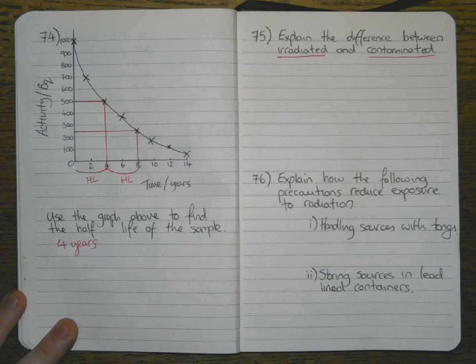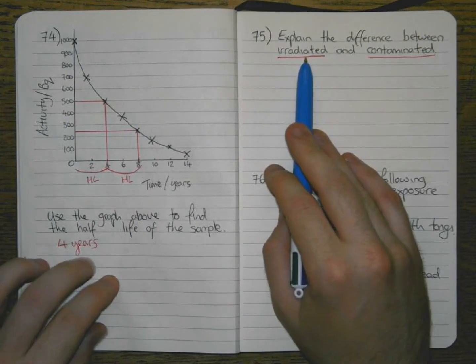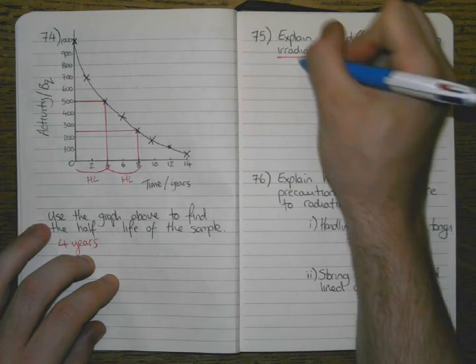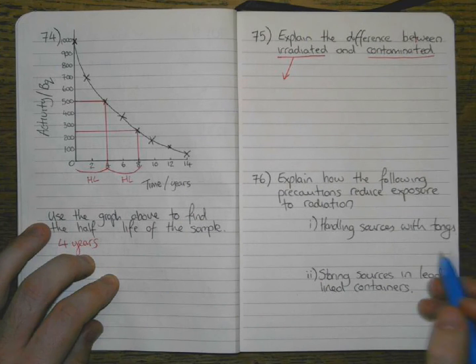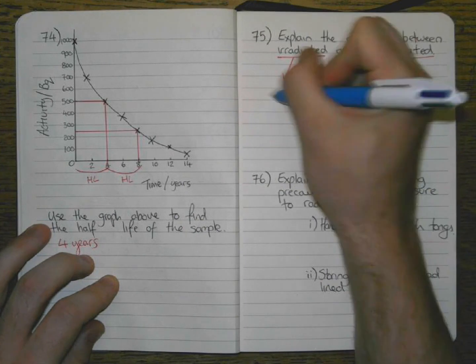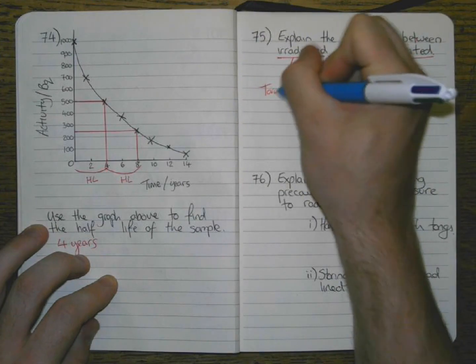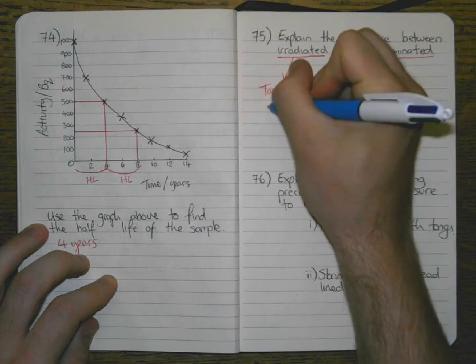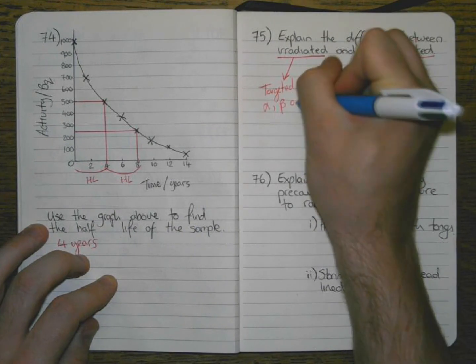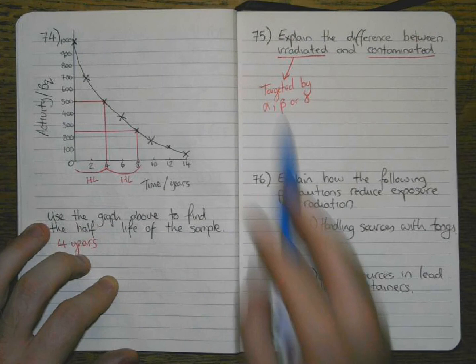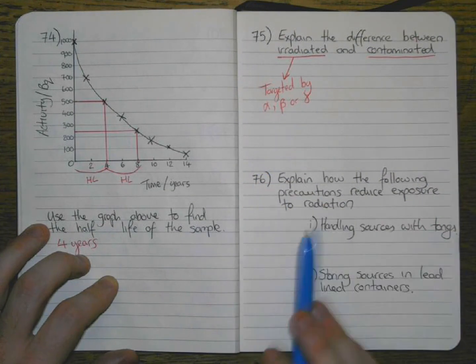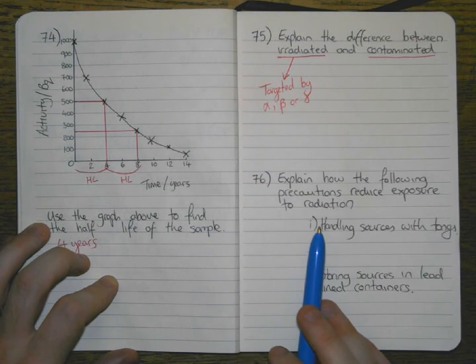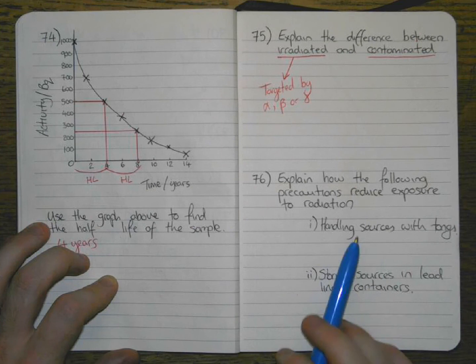Okay, so the definitions. Let's start with irradiated first. When something is irradiated, it means that something has been targeted by the alpha, beta or gamma. Now this can be accidental or it can be on purpose.